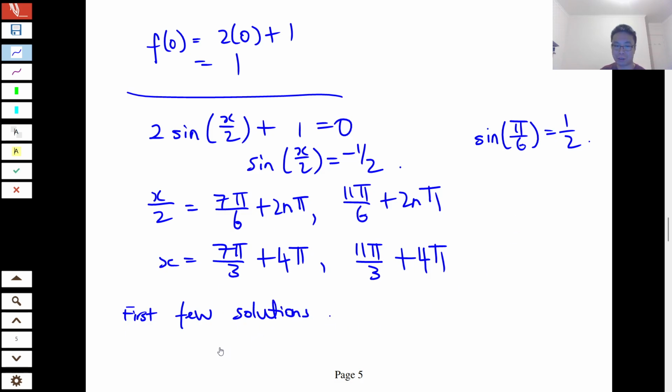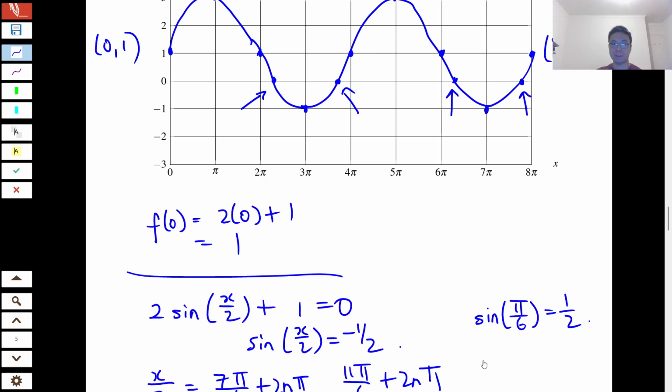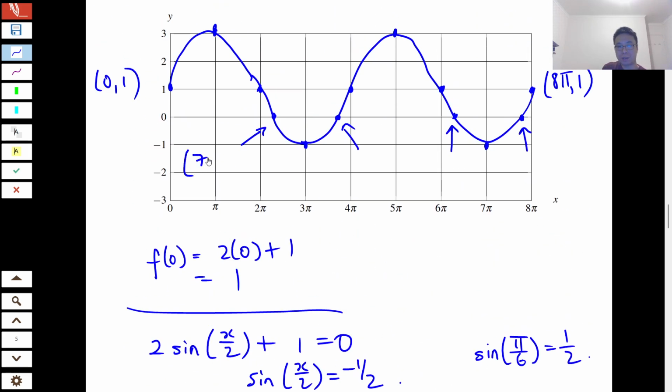So the first two solutions are going to be x equals 7 pi on 3, 11 pi on 3, and then because my period is 4 pi, I will add 12 pi on 3 to get to 19 pi on 3 and 23 pi on 3. Okay, so this is 7, this is 11, this is 19, and this is 23.